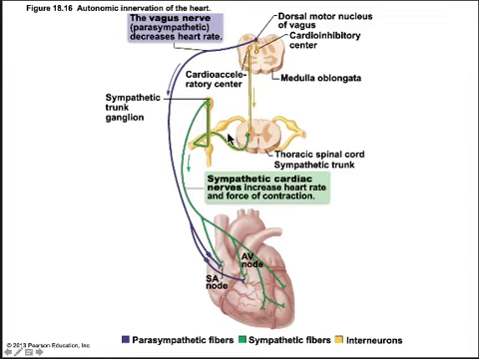And then over here, the cardioacceleratory center is, again, the result of neurons that run from the medulla to the lateral horn, and then we're going to hit the paravertebral ganglia, and in this case we move up a level, synapse on a postganglionic neuron, and those are the leads that are going to hit the SA and the AV node, and they're going to increase the heart rate and force of contraction, while the parasympathetics are going to bring it back towards the resting rate. Okay.